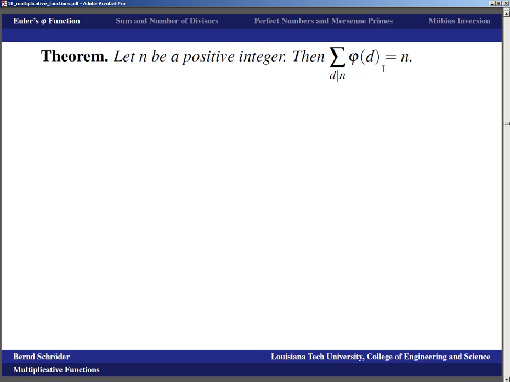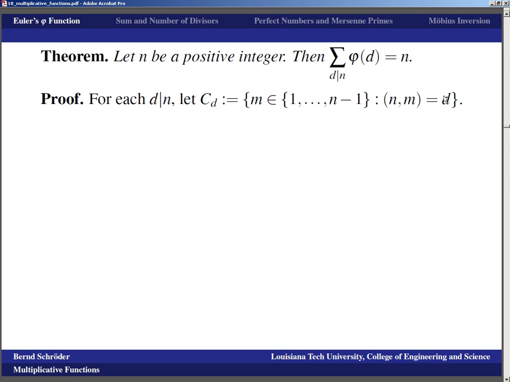And again, that sounds like it ought to be okay, because somehow those numbers ought to capture all the numbers below n. Well, not really, because the divisors are smaller than n, and so certain numbers such as n minus 1 would not be in the sets that we're using to compute these phi of d. So it's not entirely obvious, but we'll go through the proof here.